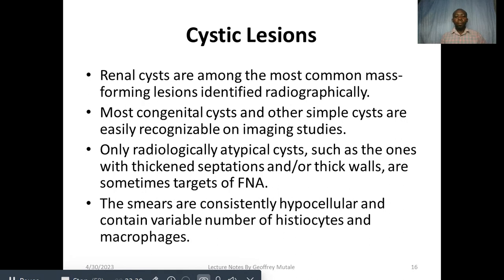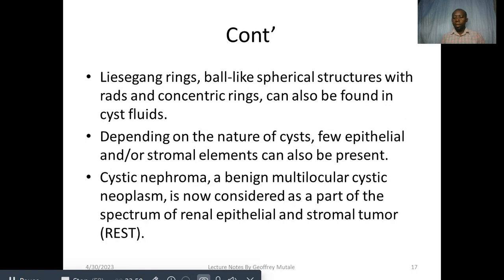The smears are consistently hypocellular, just like most of the cysts we have looked at before, and contain a variable number of histiocytes and macrophages. Liesegang rings, ball-like spherical structures with rods and concentric rings, can also be found in cystic fluids, and these features can be very important to draw lines between the different tumors that we may encounter in our slides.